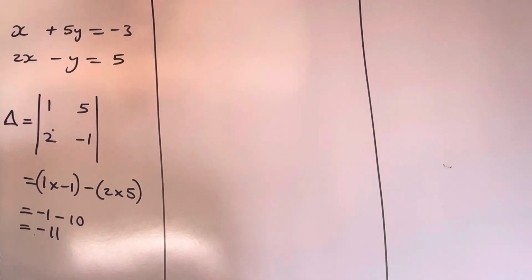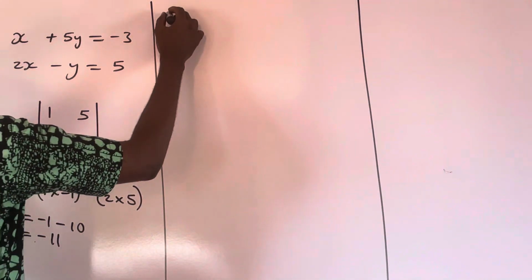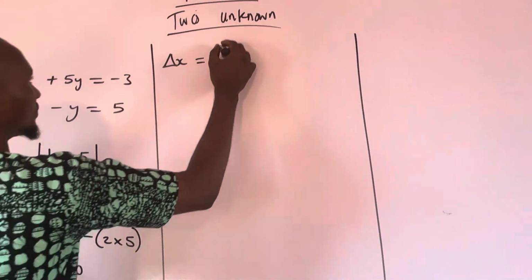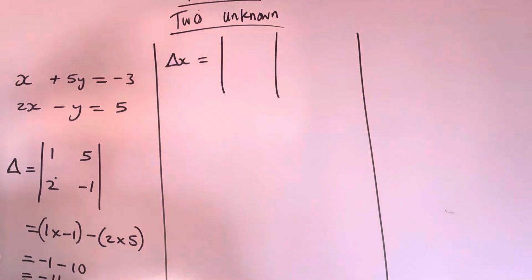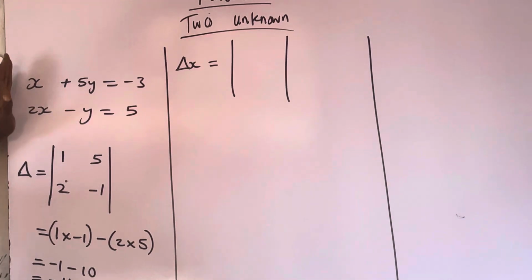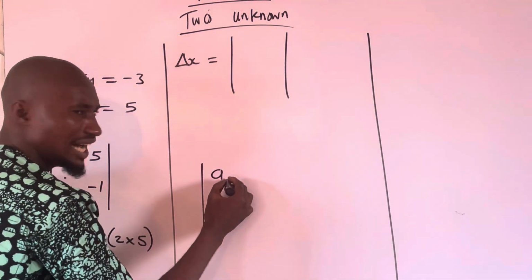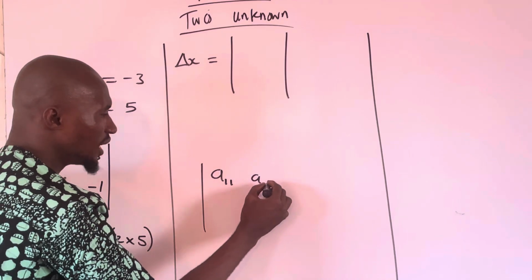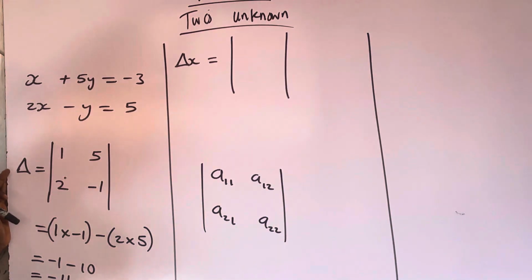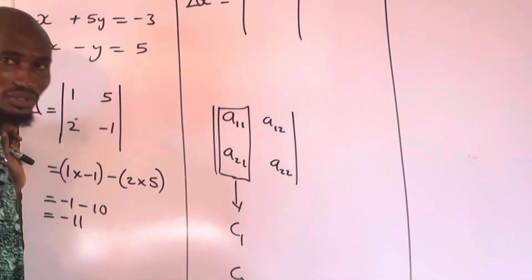Then let's find delta x. Now you need to pay careful attention here. If you're looking for delta x, you're not going to use this. Remember when I showed you A11, A12, A21, A22, and I said if you want to obtain x, you're going to replace this column with C1, C2.